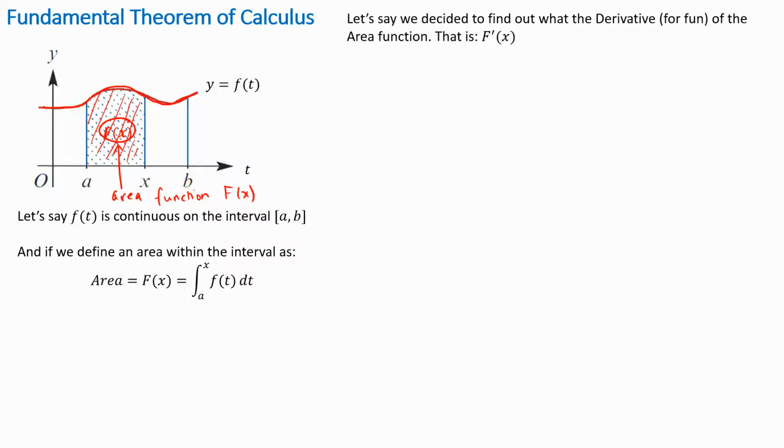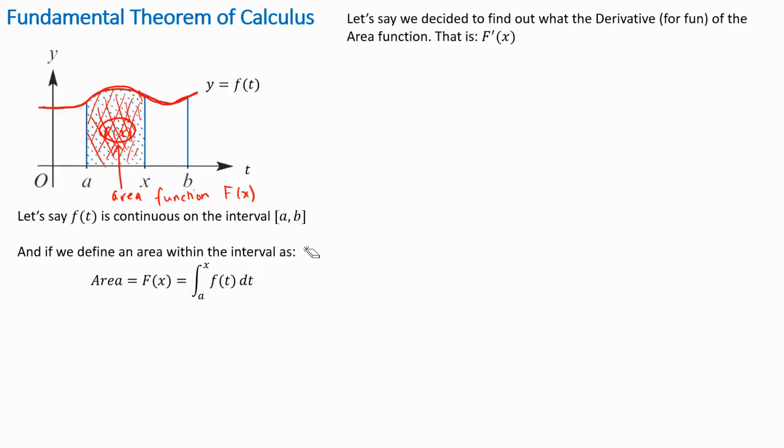So imagine you didn't know that. All you know is that to find the area under a curve, you make infinite rectangles and add them all together. That's what this is saying: the height of the rectangle times the width of the rectangle, summed between a and x, gives you the area function.